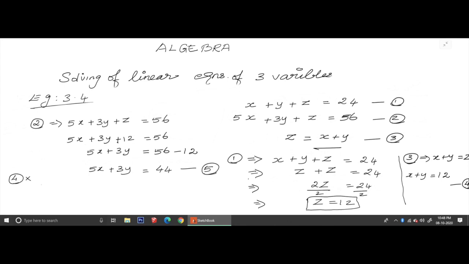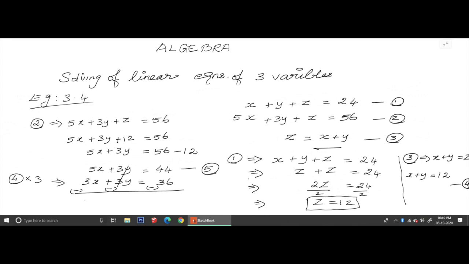So I get 3x plus 3y is equal to 36. Right? And see here, the 3y terms both are plus, so we have to change the sign. That is, we are subtracting, so we have to change the sign. So these two get cancelled. And 5 minus 3, it is a different sign, so find the difference. It is 2.